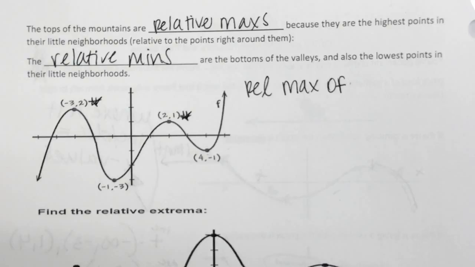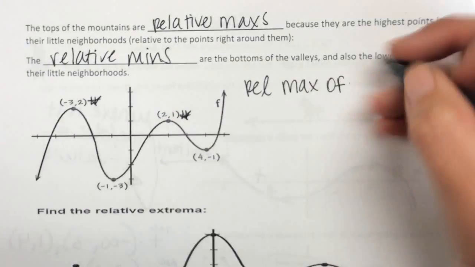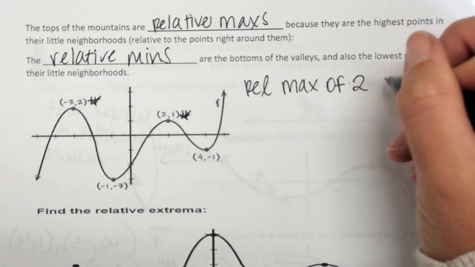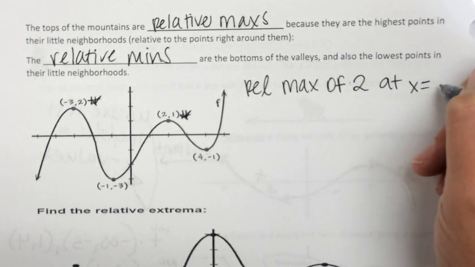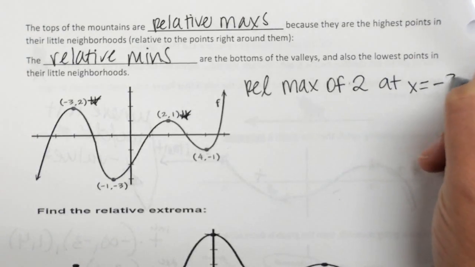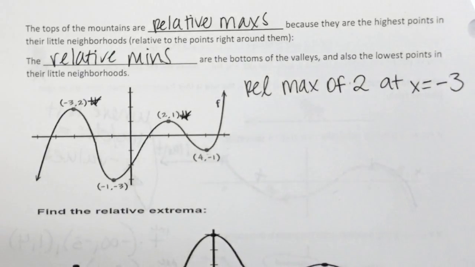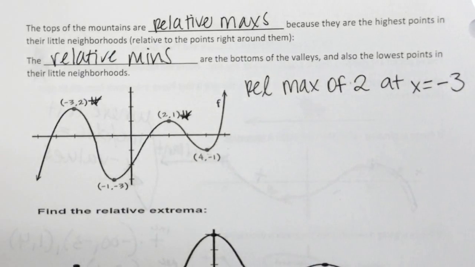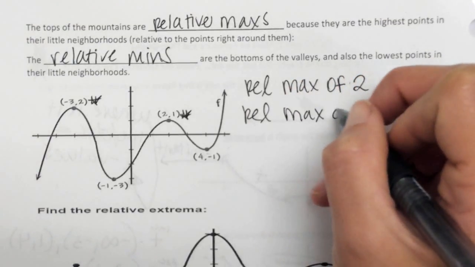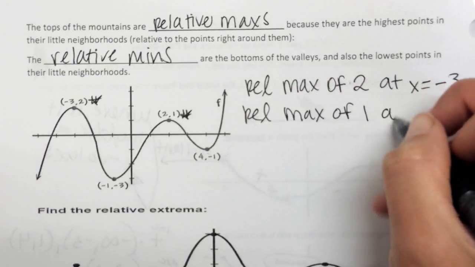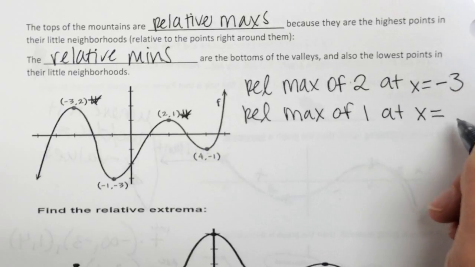Y. Height. So what is the Y at this point? 2. So put relative max of 2 at X equals, and what's the X value? Very good. That's how you would write your answer. The other relative max would be how high? 1 at what? 2.